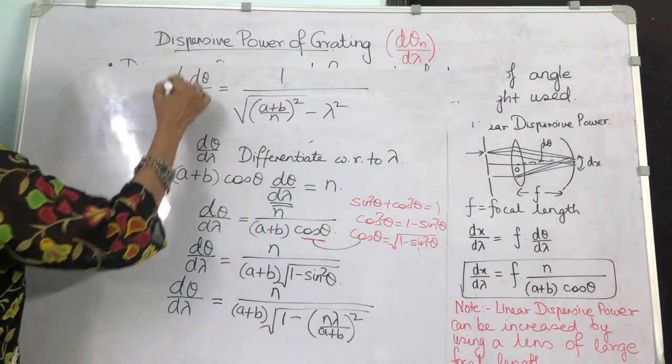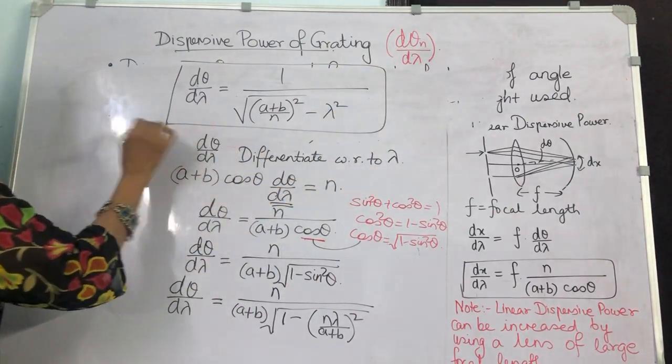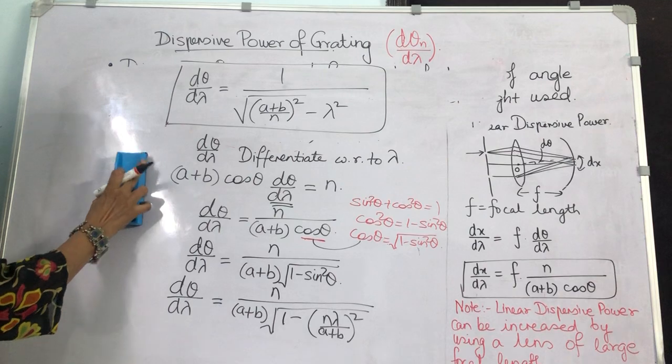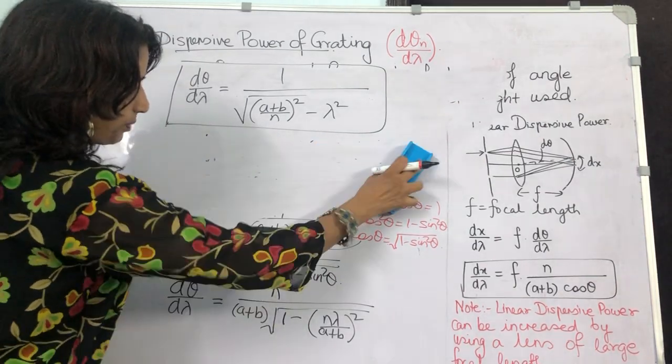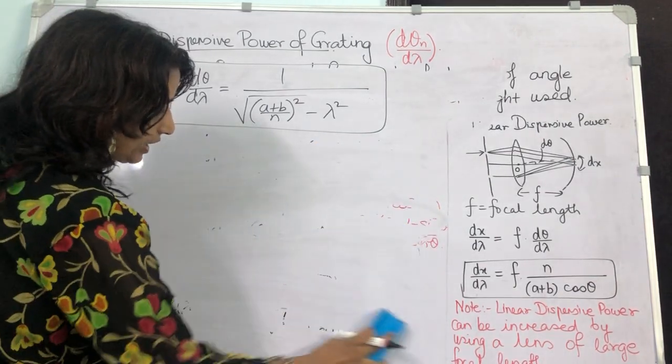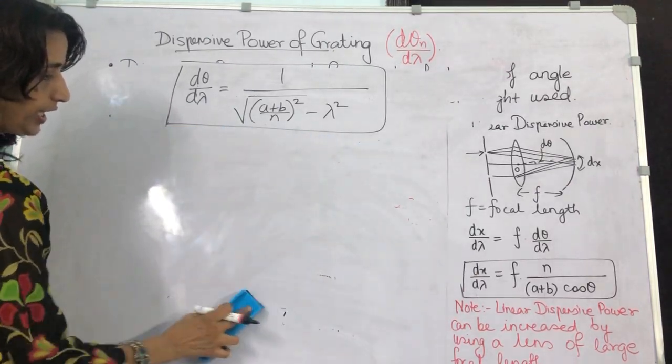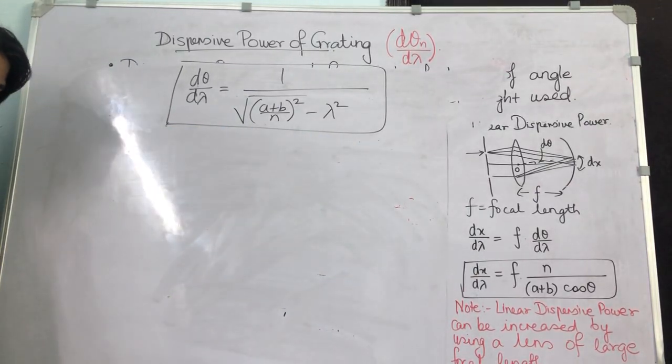This is the expression for dispersive power of a grating. Now have a closer look at the expression and see what all factors the dispersive power of a grating depends upon. Let us begin.